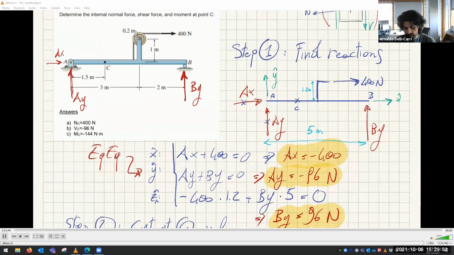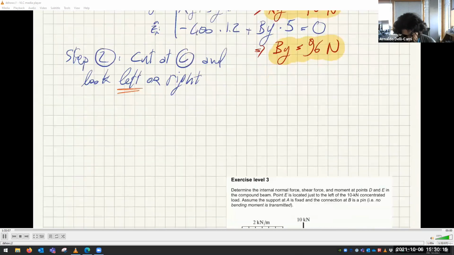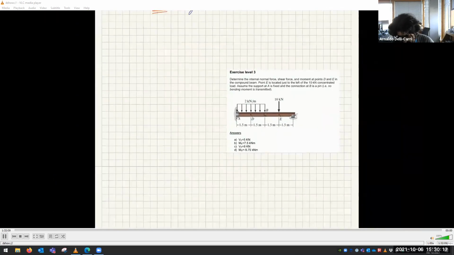Which one is easier? Let's cut at C. If I cut here at C, which one's easier? I believe we all agree that the left-hand side is easier. We only have 2 forces. Here we have all these things that we have to draw instead. So let's look left. So I choose left. Let me take this down here to the next page.